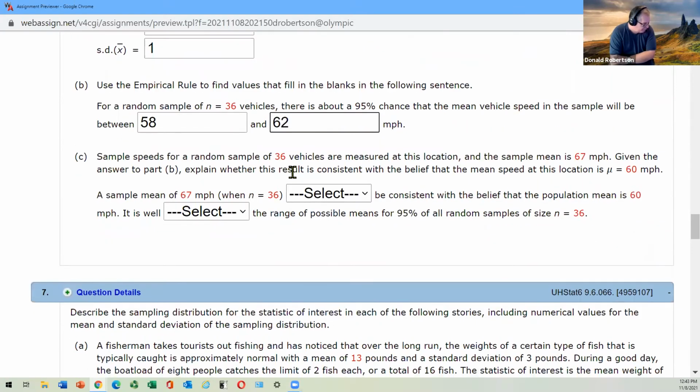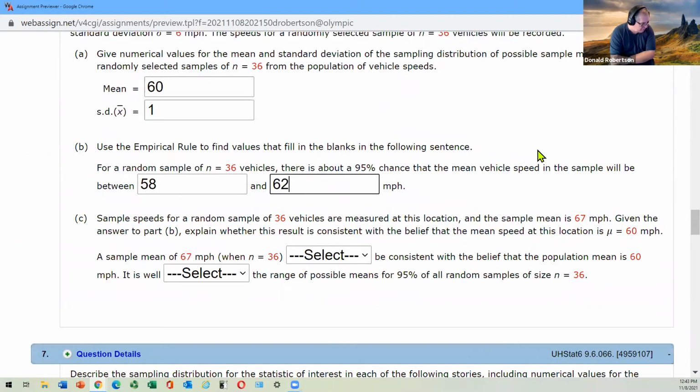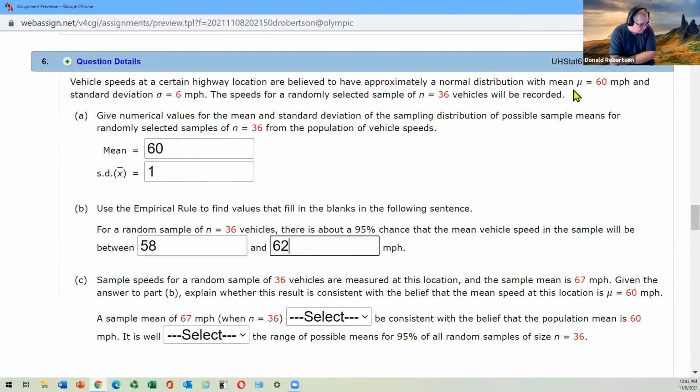Now, sample speeds for a random sample of 36 vehicles are measured at this location, and the sample mean is 67. Given answers to part B, explain whether this result is consistent with the belief that the maximum speed is 60. If you would expect the range to be 58 to 62 because the speed limit is 60, I'm assuming, right?